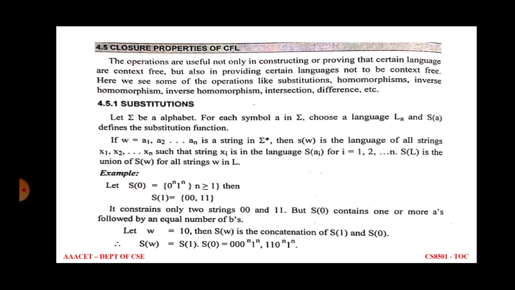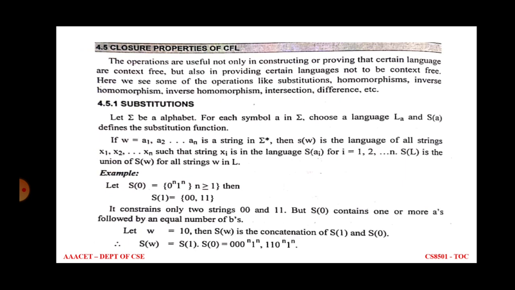Consider w is equal to 10. Then S of w is the concatenation of S of 1 and S of 0, because the first symbol is 1 and the second symbol is 0. So S of w is equal to S of 1 followed by S of 0. Here S of 1 has two values, 00 and 11.